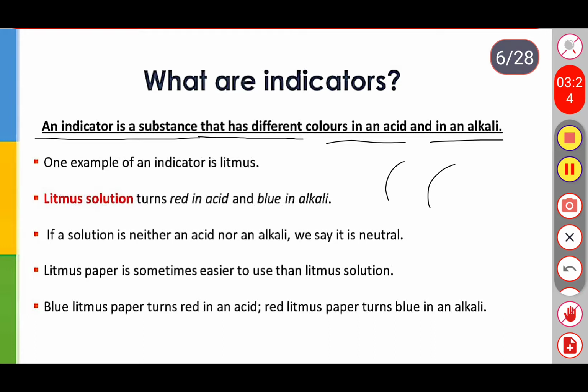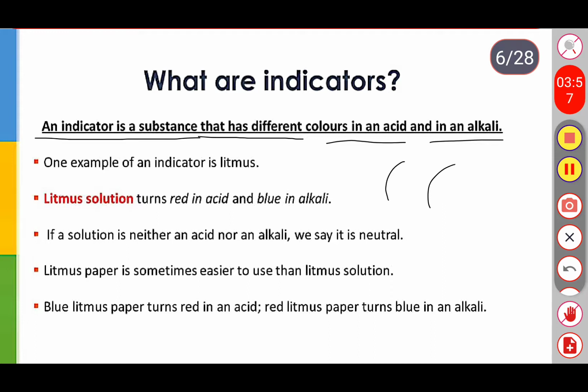It shows red color in acidic solution, yellow color in basic solution and orange color in neutral solution. Similarly, phenolphthalein is also a synthetic indicator. It shows pink color in basic solution, and in both acidic and neutral solutions it is colorless. So each and every indicator will show a different color in acidic, basic and neutral solutions.